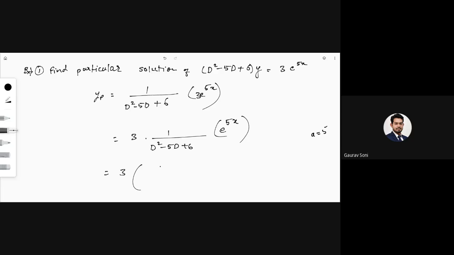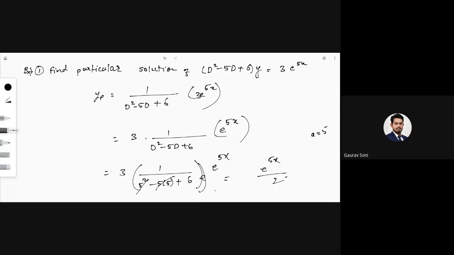So 1 upon 5 square minus 5 into 5 plus 6. This 2 will get cancelled out. e to the power 5x, so that is e to the power 5x divided by 2.